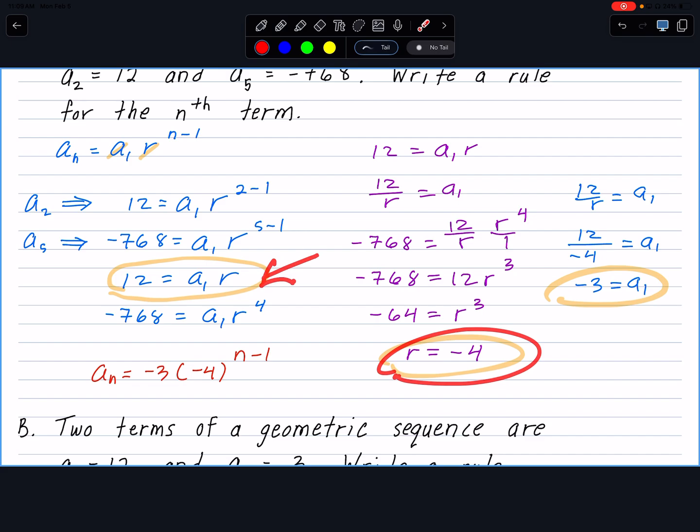You could have. The only reason I chose this one is it directly gives me the value. I don't have to do any algebra at all. And this math was already done because you had to solve one of them for r. Because I did the work, I might as well use it. But you don't have to. You could absolutely plug it in there. Anything else?